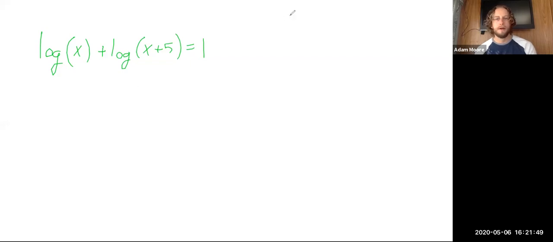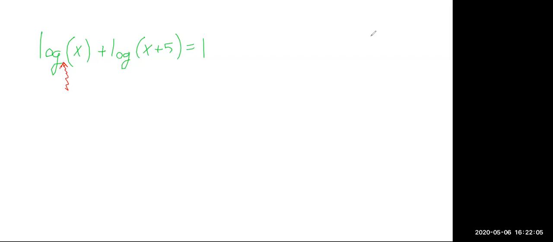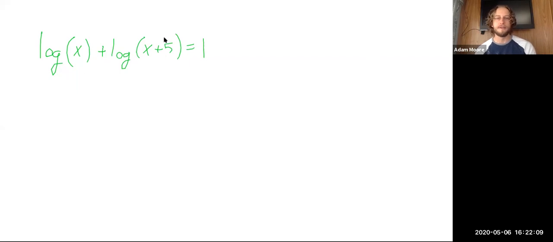Before I get too far along, tell me about this. If we have a log and the base number is not specified, what number is the base? 10. Yeah, it's a base 10. Very good. So just remember when you see that, because there are some common logs around in the homework, that's a 10 if you ever need it.